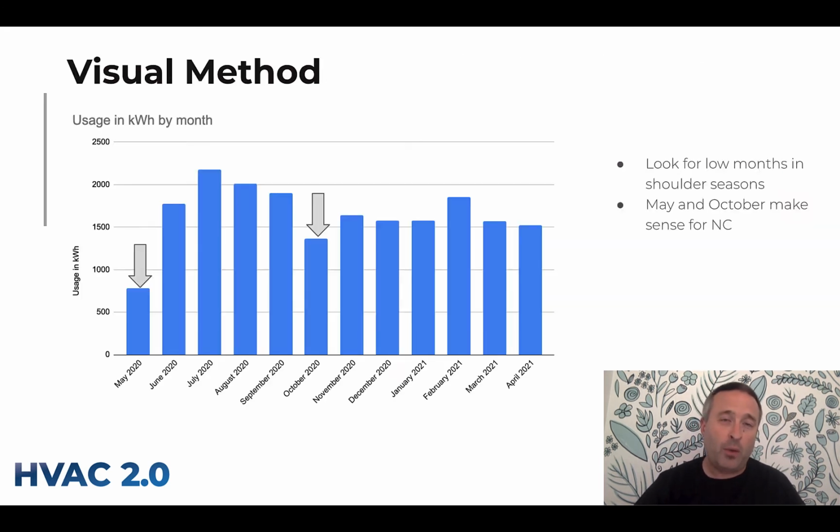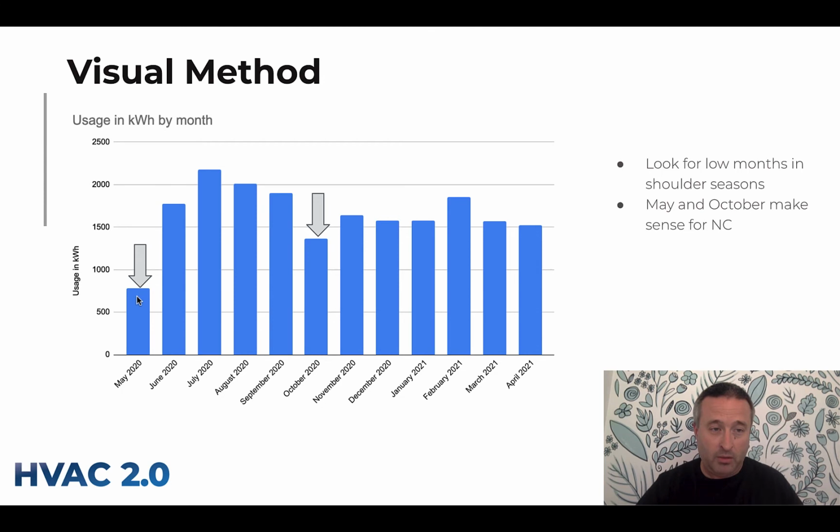Okay, so now we have done the hard spreadsheet method. Now let's look at the visual method. This is how you can disaggregate a house in seconds just by looking at the utility chart. So I plugged all of the usage into a chart here. It's usage by month. Again, you start by looking for the low months that are shoulder seasons.